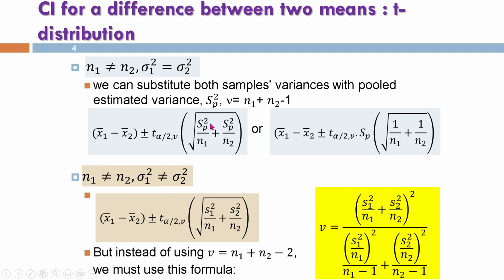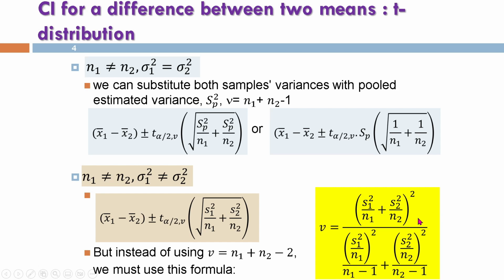Hence, we no need to calculate sp squared, and it remains as s1 squared, s2 squared. However, the nu in the first three cases is calculated using n1 plus n2 minus 1. However, for the fourth case, we got to calculate the degree of freedom nu using this formula.